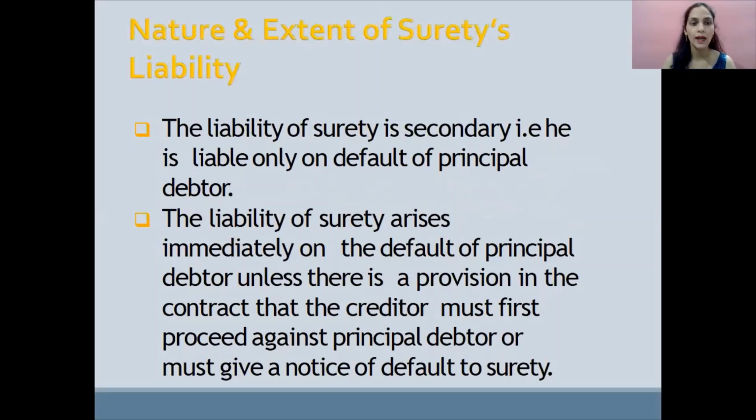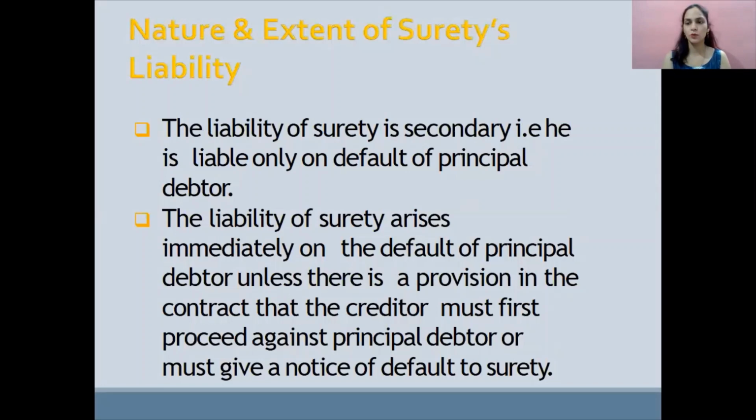Now let's have a look at the nature and extent of the surety's liability. To what extent will the surety be liable in case of any default, or what are the liabilities that will arise against the surety? So, firstly, the liability of the surety is secondary. As we have seen, the debtor has the prime liability.